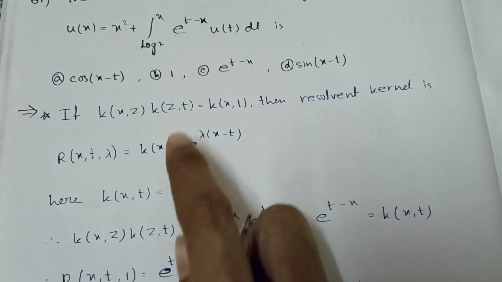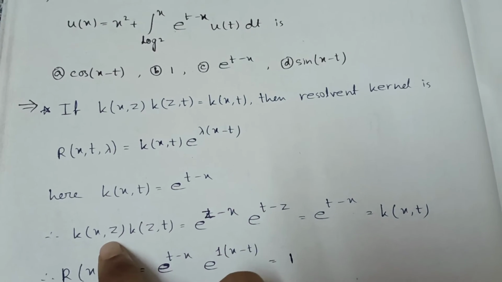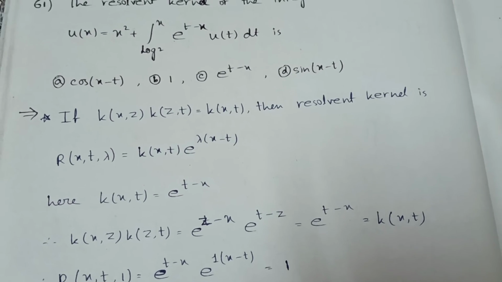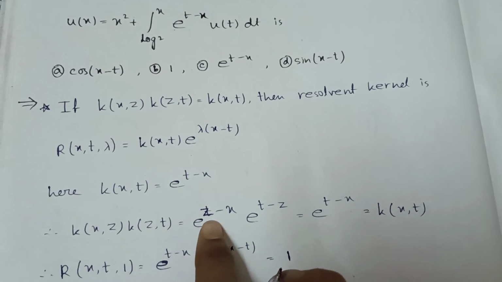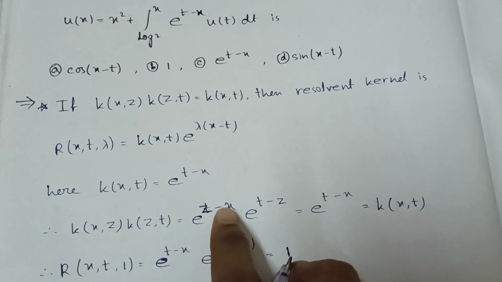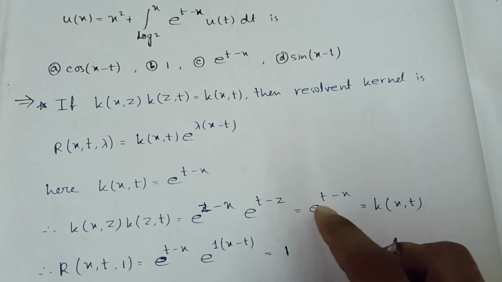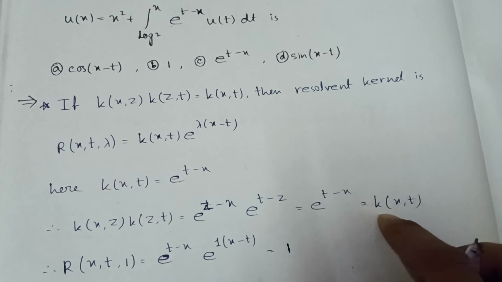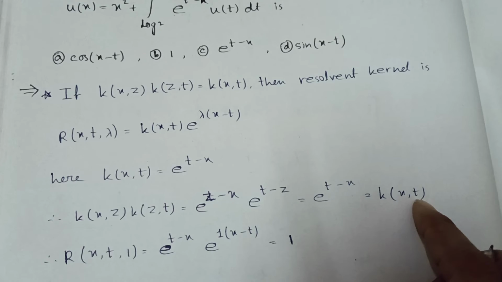And K(x,t) is e to the power t minus x. Now let's check if our kernel follows this equation. K(x,z) times K(z,t) is e to the power z minus x times e to the power t minus z, which is e to the power t minus x. That is K(x,t); we get K(x,t) back again.